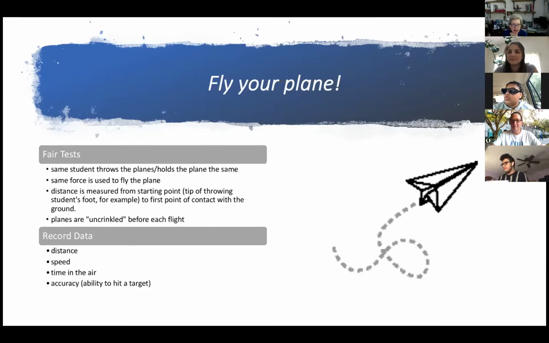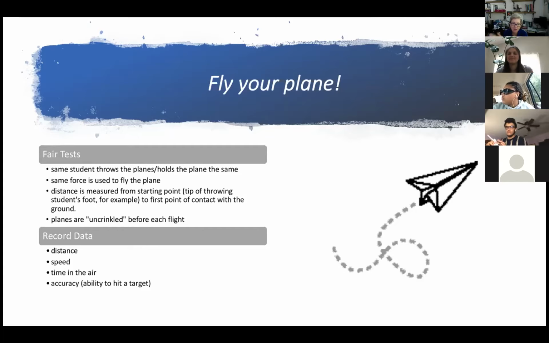And you want to compare the distance that the plane flies. And because of time, we're not going to get meter sticks or measuring tapes to measure how far. You can just compare how far the plane goes. And the speed, I know some of you made both planes, so compare the hot dog plane to the hamburger plane.